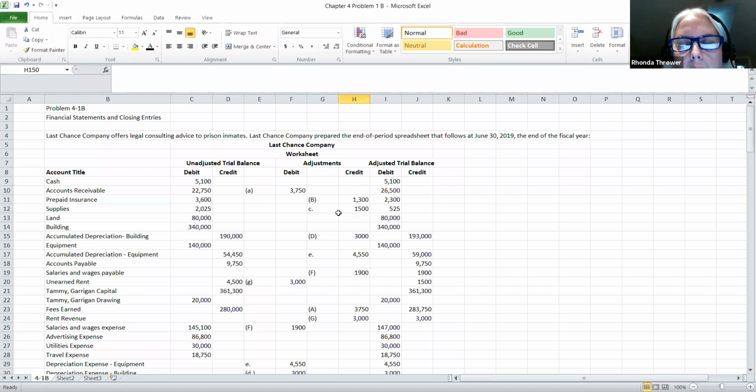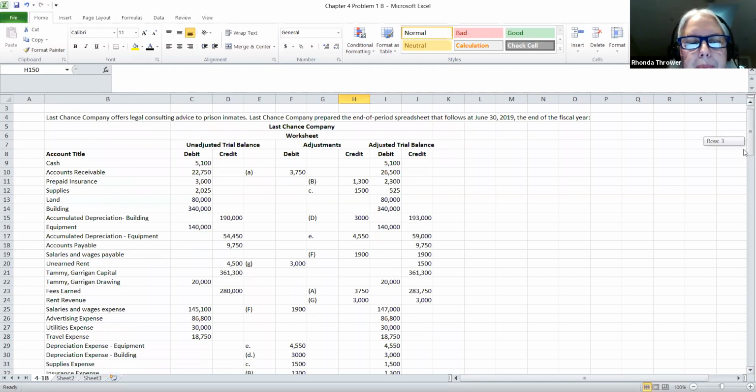So in chapter 3, we learned how to journalize adjusting entries, post them to the ledger account, and prepare the adjusted trial balance. This is your adjusted trial balance here. And so a worksheet just has information that you've already accumulated previously, and it's just a tool that will help us to prepare our financial statements.